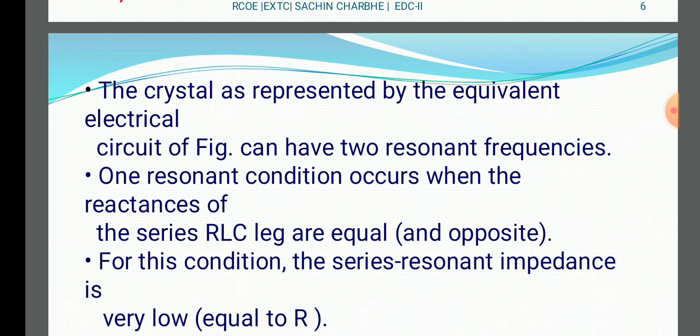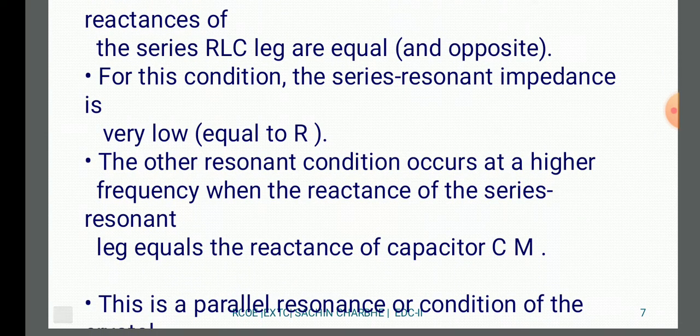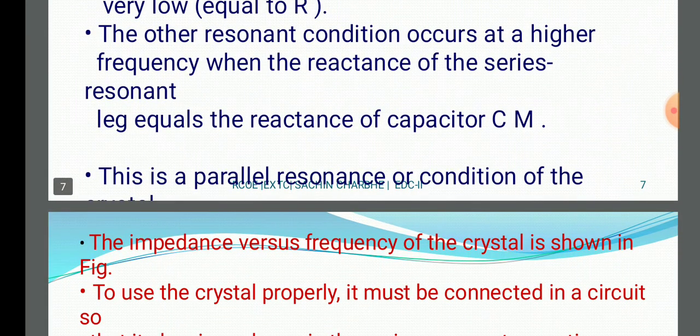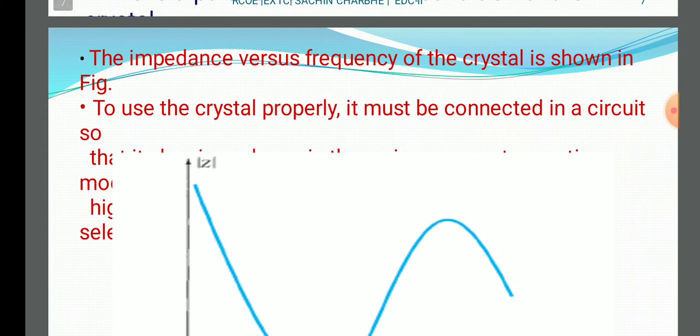One resonant condition occurs when the reactance of the series RLC is equal and opposite, and for this condition the series resonant impedance is very low, equal to R. The other resonant condition occurs at a higher frequency when the reactance of the series resonant leg equals the reactance of capacitor Cm. This is the parallel resonance condition. The impedance versus frequency of the crystal is shown in this figure.